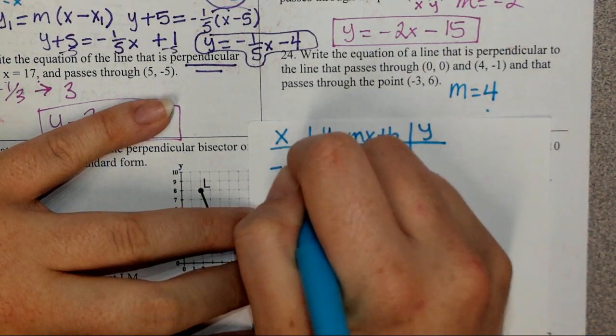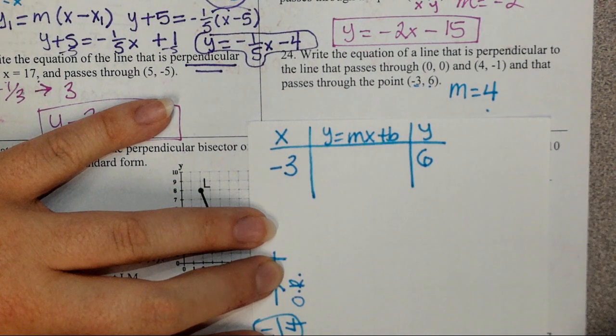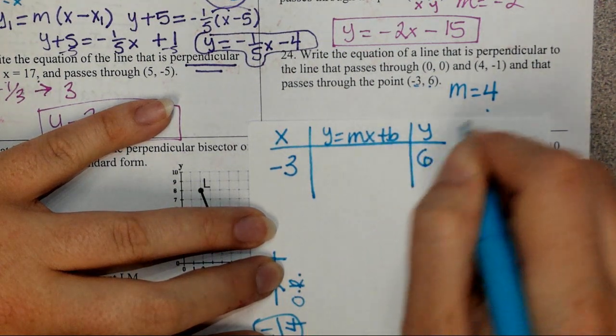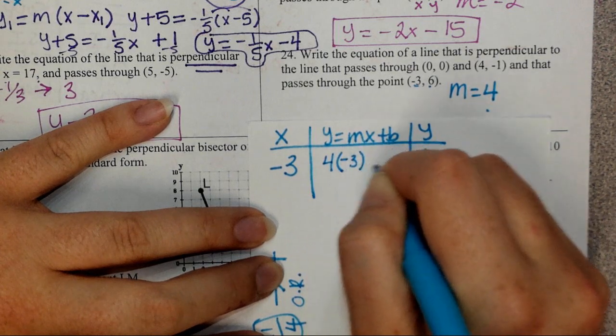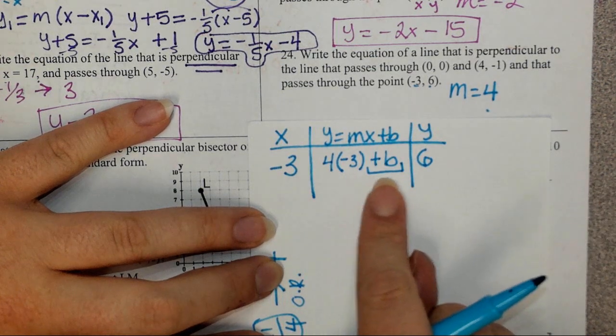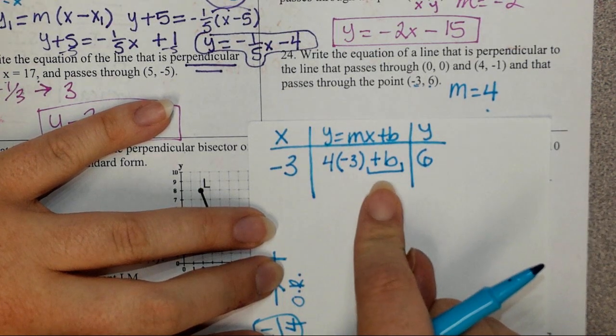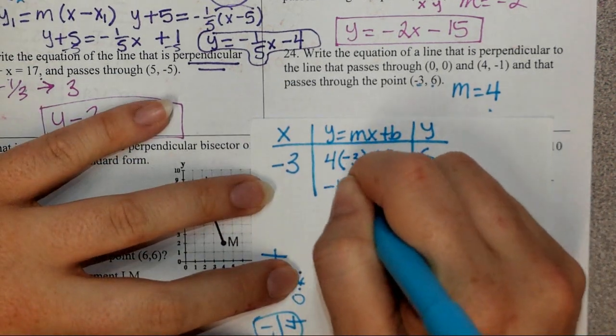On the x we have negative 3, and on the y we have 6. We know that our m is 4, x is negative 3. We need to figure out what this plus b needs to be. 4 times negative 3 is negative 12.